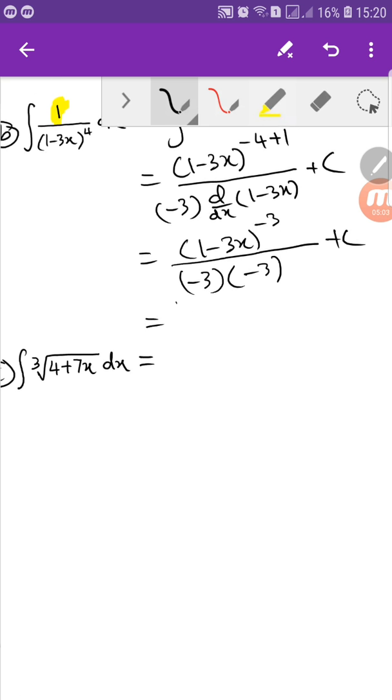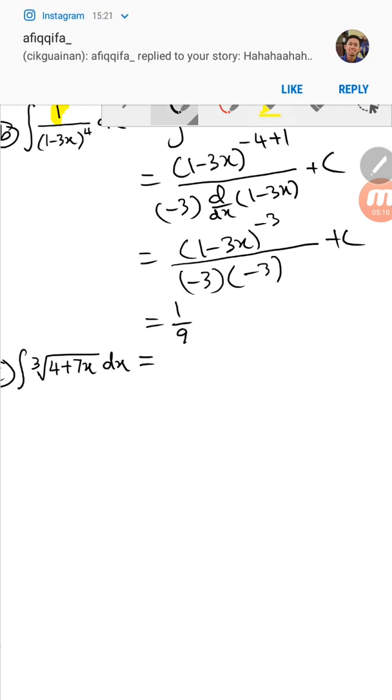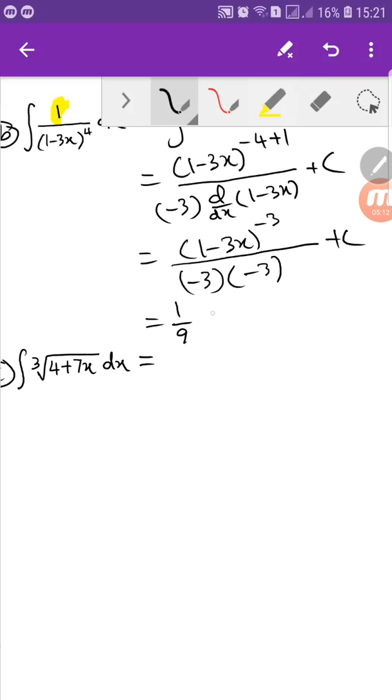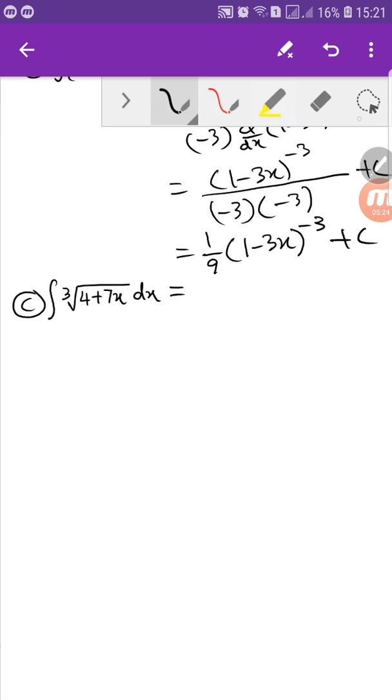So I have 1 over 9, and then (1 minus 3x) to the power of minus 3. Sorry, I forgot to close the bracket. Plus c. Done with the second example.